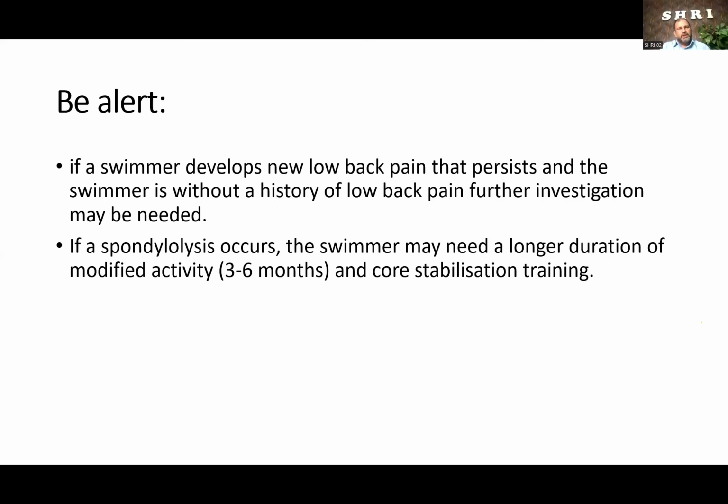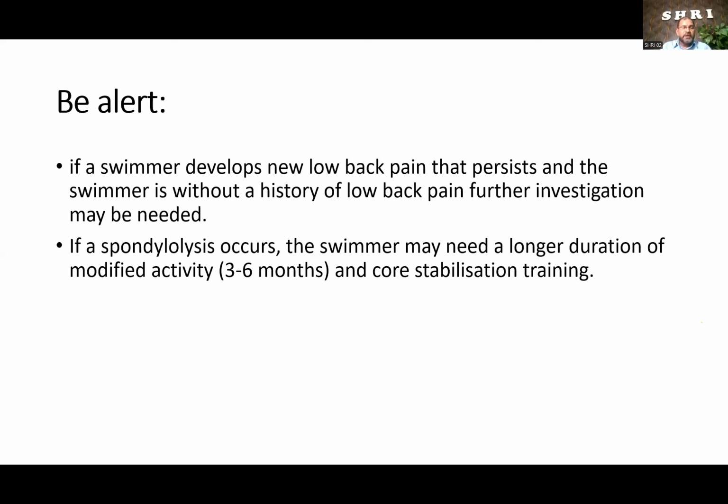In some conditions, we have to be a little bit alert. If a swimmer develops new low back pain that persists, and the swimmer has no past history of low back pain, further investigation may be needed. When they come with a new complaint, you have to be alert, especially in young patients.